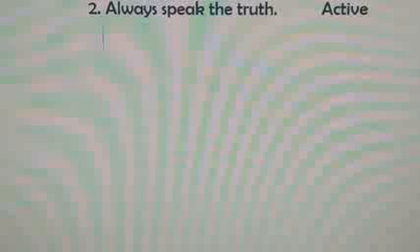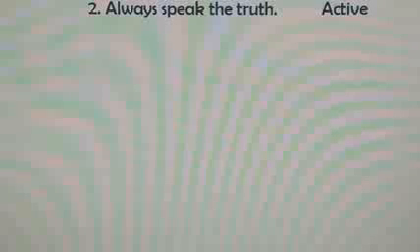Okay, this sentence, my dear children, is in the group of active. Okay, now what I'm going to do? I'm going to convert it into passive group, right? And how it will be converted? Let's see.